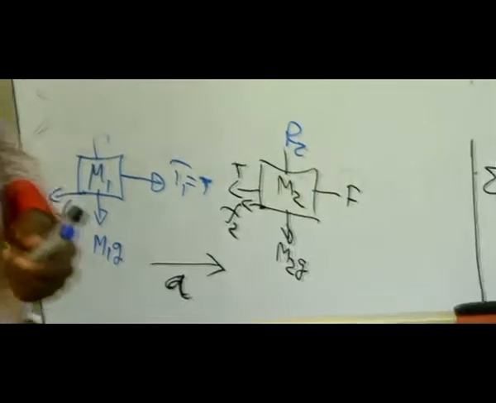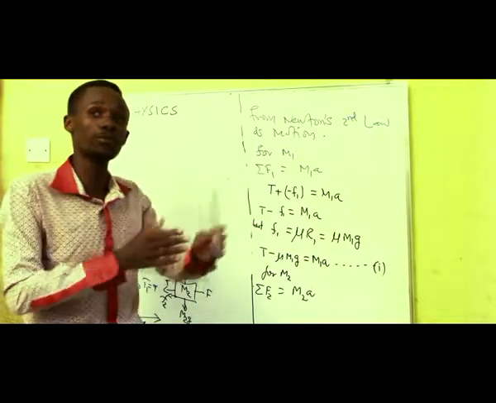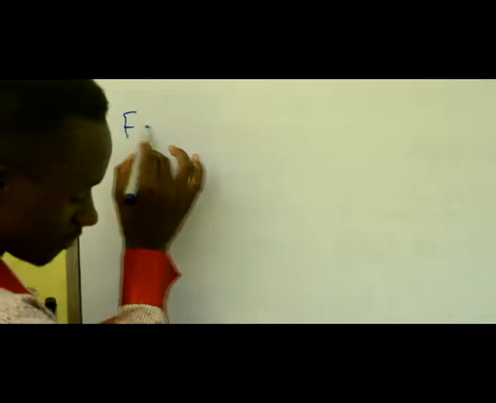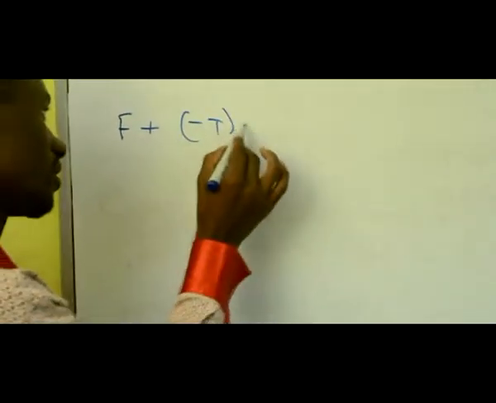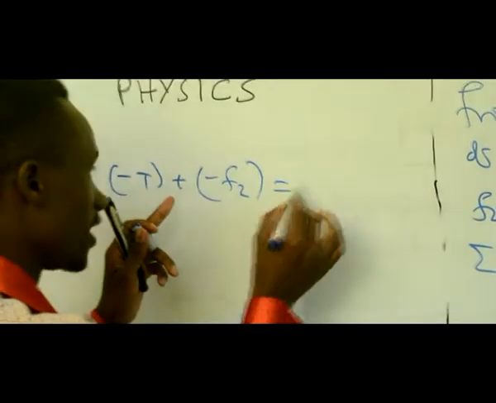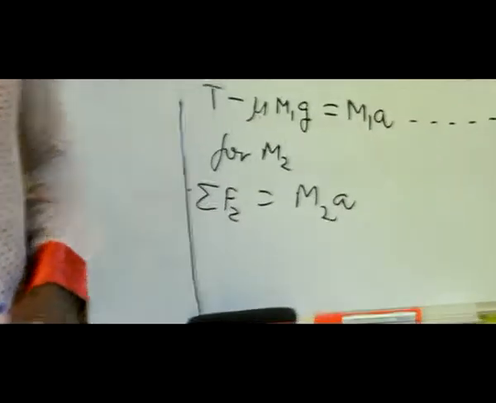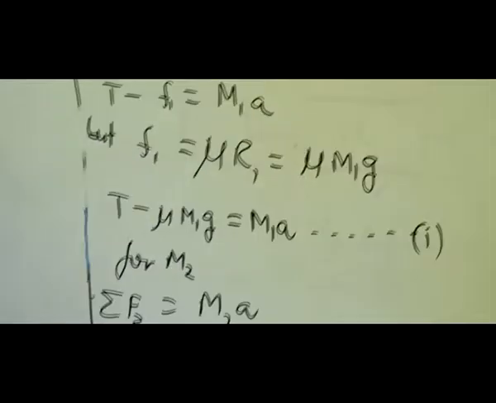But the vertical forces have no effect on horizontal motion. This equation becomes F plus negative tension plus negative F2 equals mass 2 times A. We consider that the direction of motion is towards the right hand side.